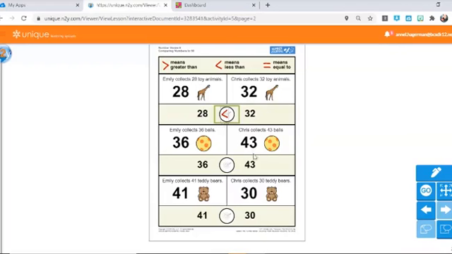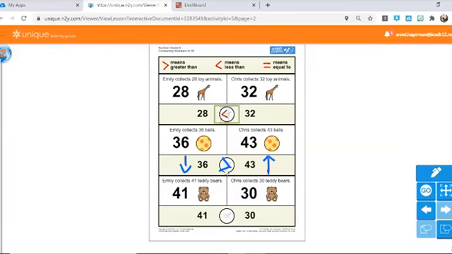All right, let's look at 36 and 43. Which one is smaller, 36 or 43? 36. That's right, 36 is smaller. We're going to put the sign right there. 43 is a bigger number, right?